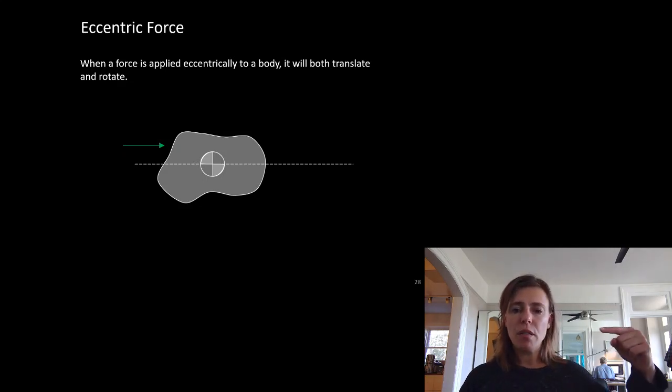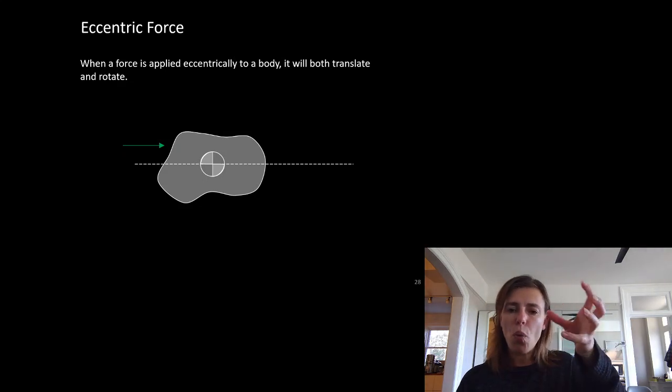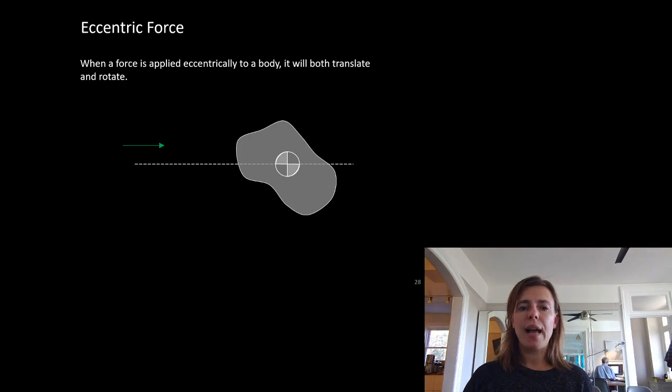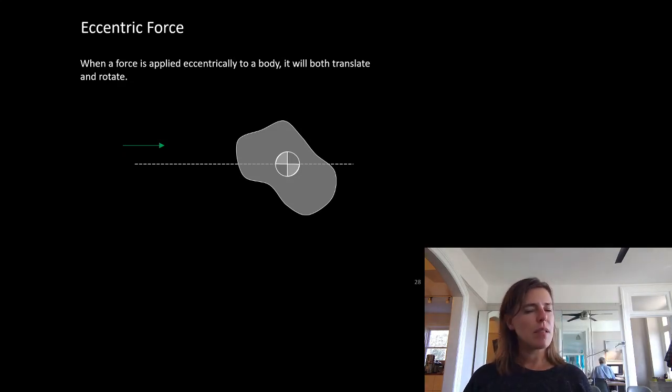Well, I can tell you it's still got a force pushing it, so it's going to slide, but it's also going to try to spin at the same time. So we're going to have translation and rotation because we applied our force eccentrically from the centroid. So there's something interesting happening there.